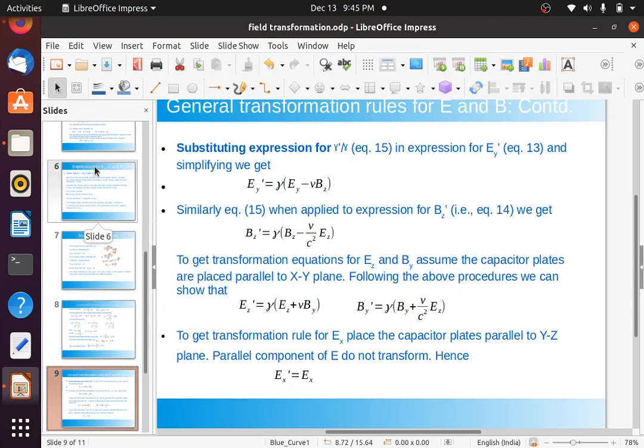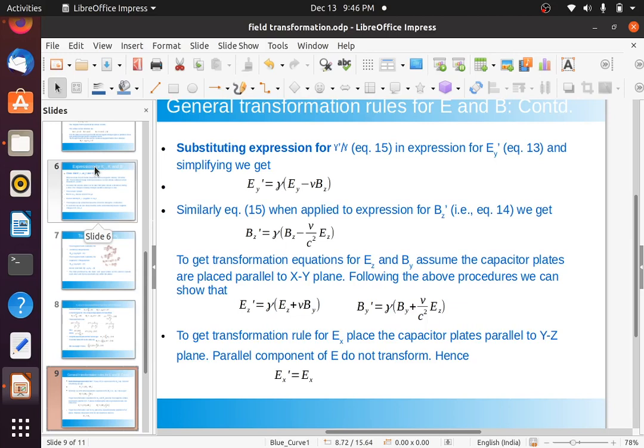Then you are substituting the expression for gamma dash by gamma 0, which is equation number 15, in the expression for Ey dash, that is equation number 13, and you can obtain the relation Ey dash is equal to gamma into Ey minus V Bz. Similarly, applying equation number 15 to the expression for Bz dash, that is equation number 14, you can show that Bz dash is equal to gamma into Bz minus V by C square Ey.